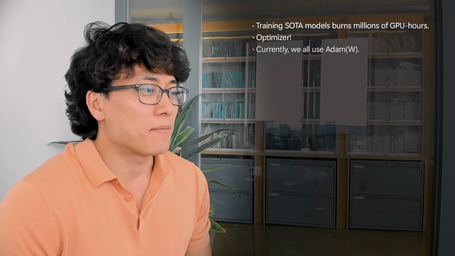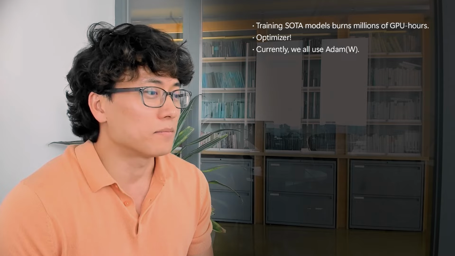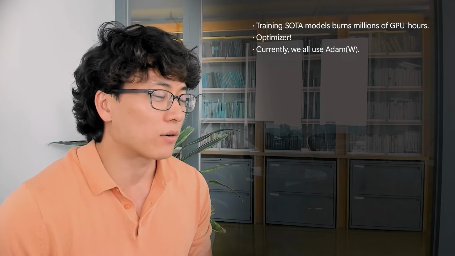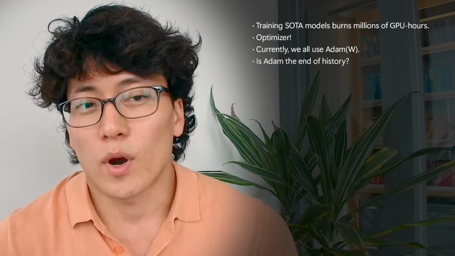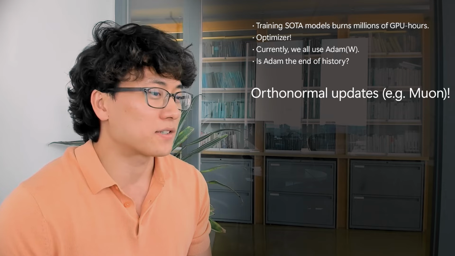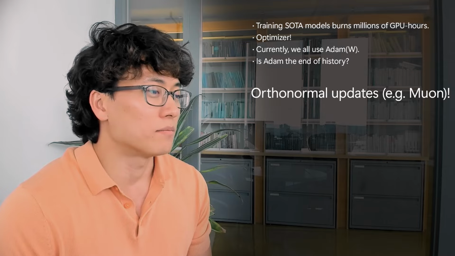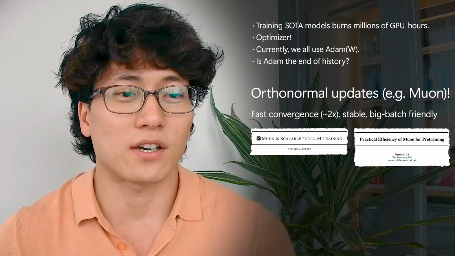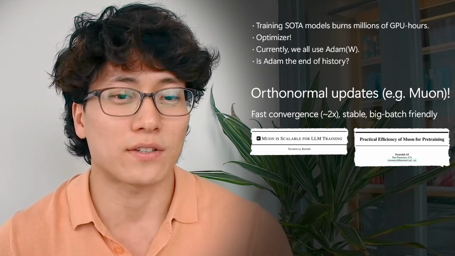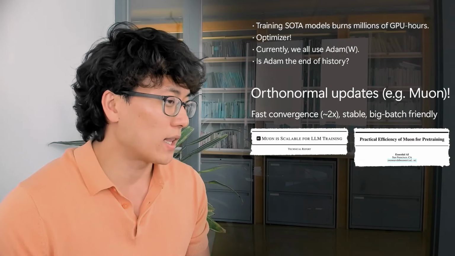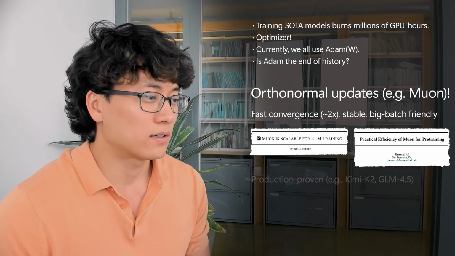For the longest time, we have been using Adam, or the weight decay variant AdamW, for training our favorite AI models. But here the question is: is Adam the end of history? Recently, there has been an orthonormal updates revolution, for example, Muon, which has been shown to lead to faster convergence by a factor of 2, and to stable training, as well as being big-batch friendly.